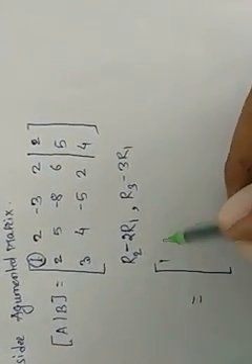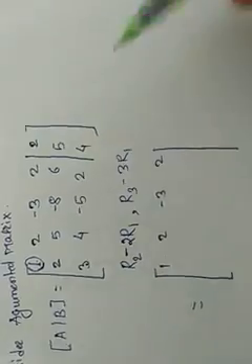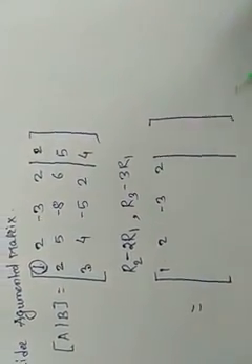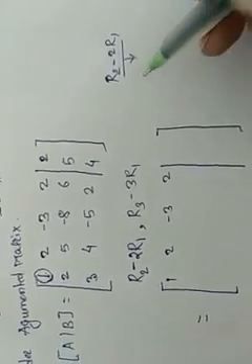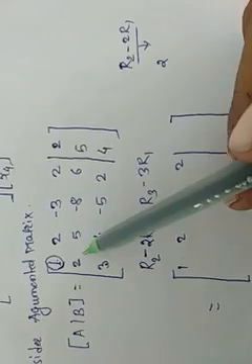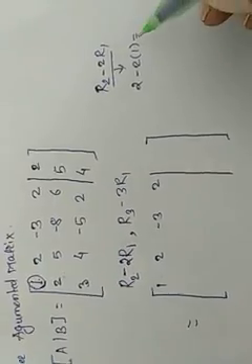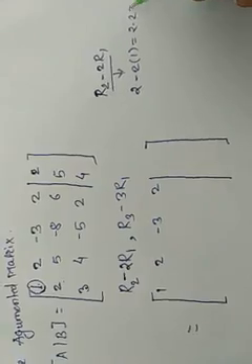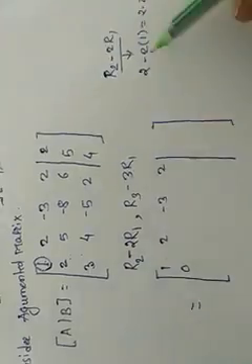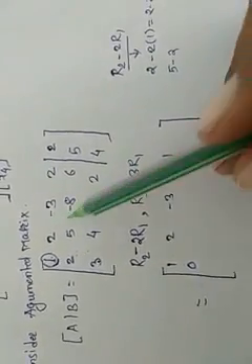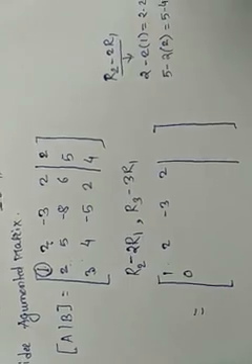The first row will be as it is: 1, 2, -3, 2. Now the second row, consider the row operation R2 minus 2R1. R2 is 2 in this position and R1 is 1, so 2 minus 2 into 1 is 0. So its first value is 0. Next, 5 minus 2 into 2 is 5 minus 4, which is 1.